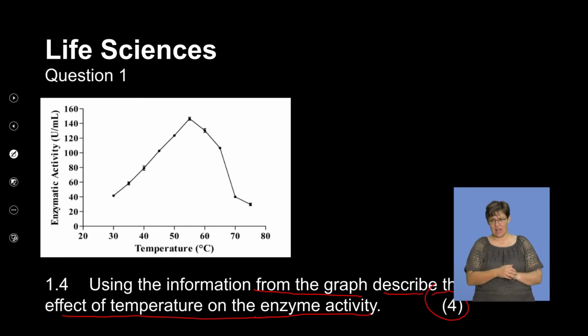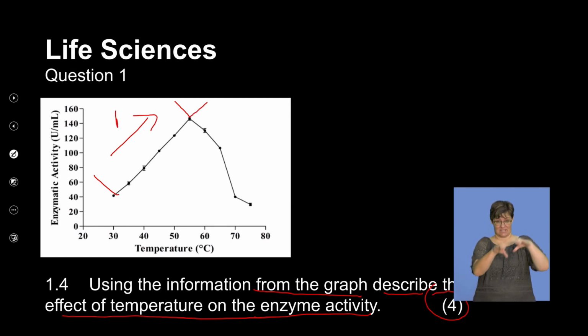As I mentioned, the graph has a lot of information. When I look at this graph, I see 3 possible areas that I need to comment on. That's the first phase. I also know that there's a specific point at which there's an optimal change in the activity. And then I see the third phase of change, and that's phase C.